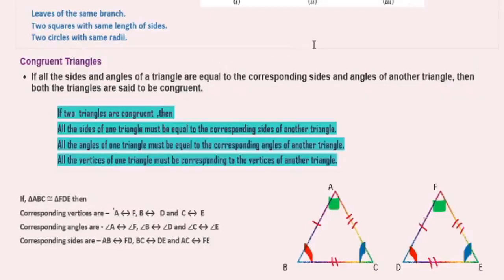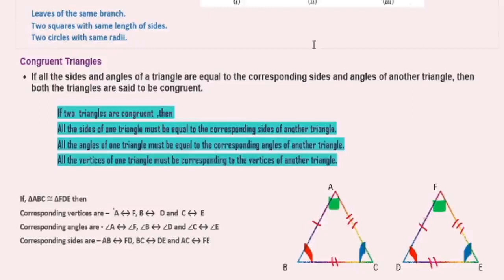First we will see what is meant by congruent triangle. If all the sides and angles of a triangle are equal to the corresponding sides and angles of another triangle, then both the triangles are said to be congruent.